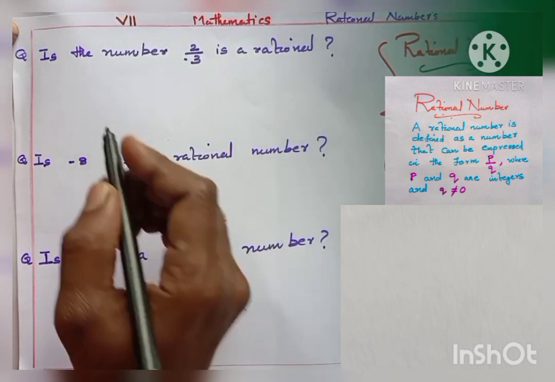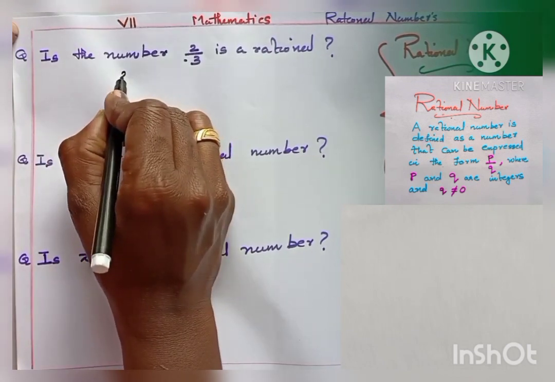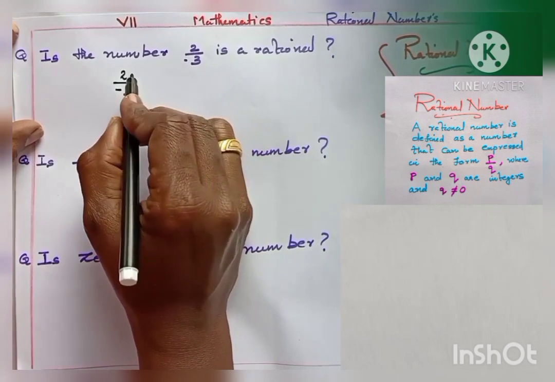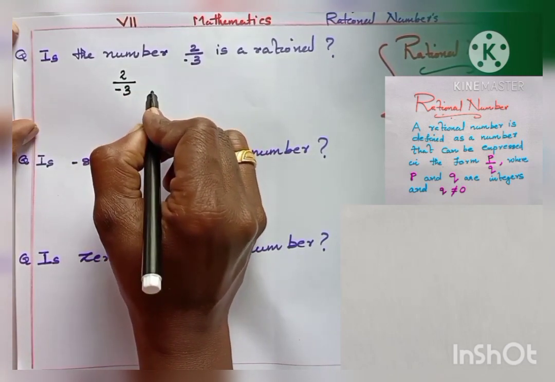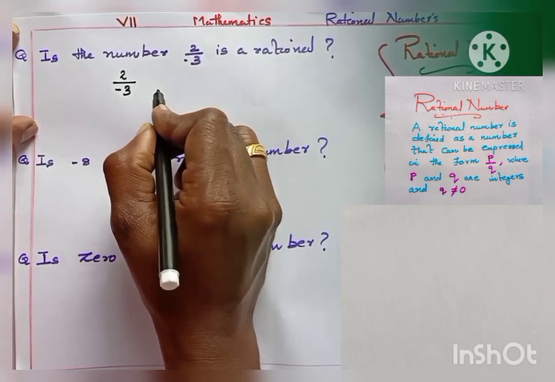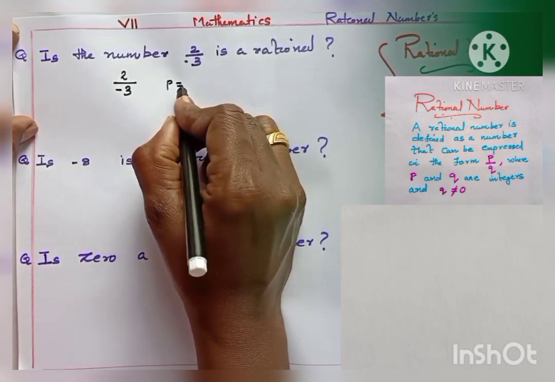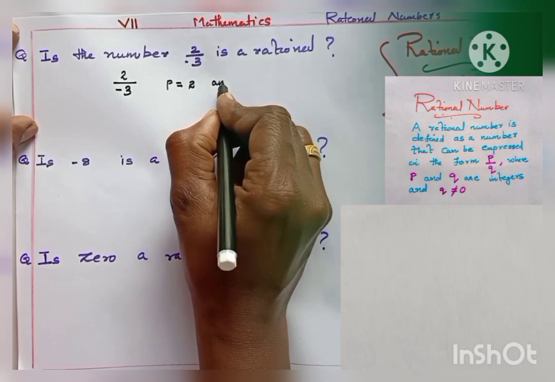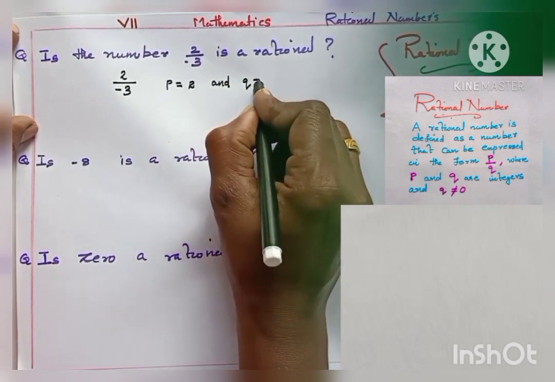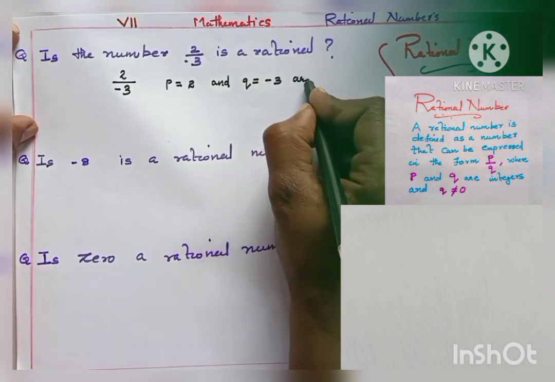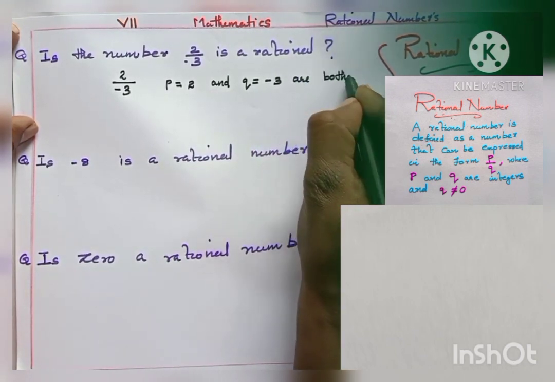So here 2 by negative 3, this is a form of p by q. Here p is equal to 2 and q is equal to minus 3, both integers.